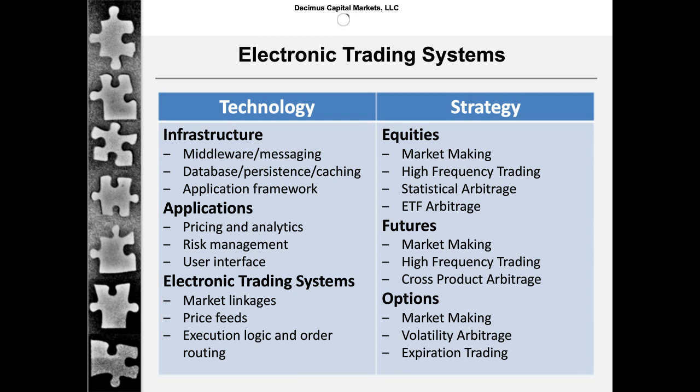One thing I want to highlight here is that option market makers have to be able to trade the equities and futures dimension of the options product, right? You are trading the delta of an option when you trade it.